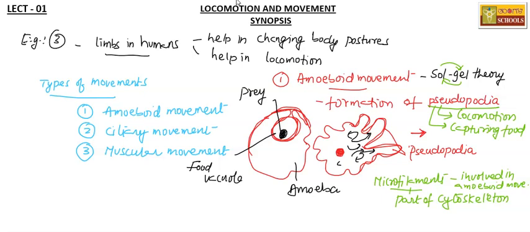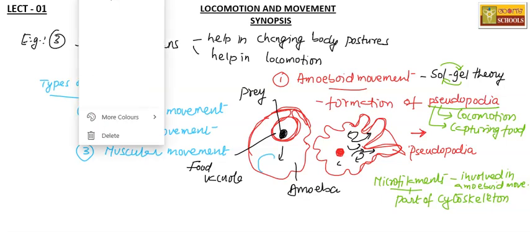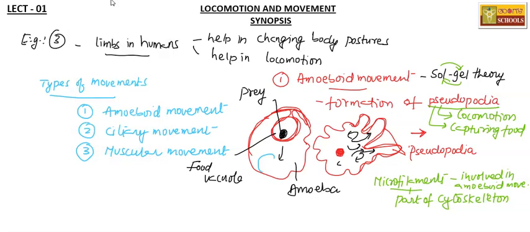Once the digestion is completed, the food vacuole comes and meets with the cytoplasm, and this will result in a point of contact where the plasma membrane will break open, and that results in releasing the undigested food to the outside.